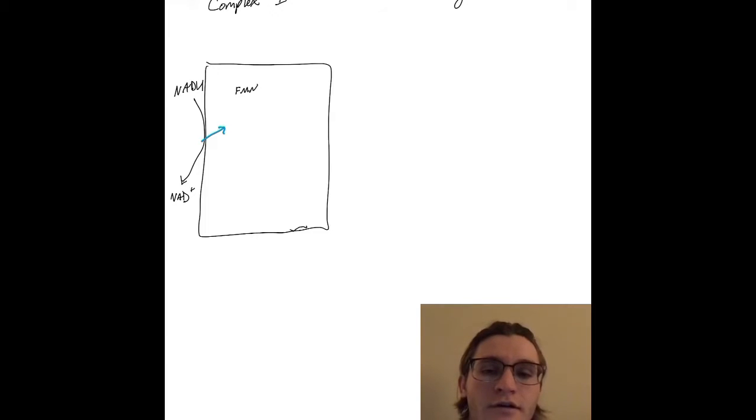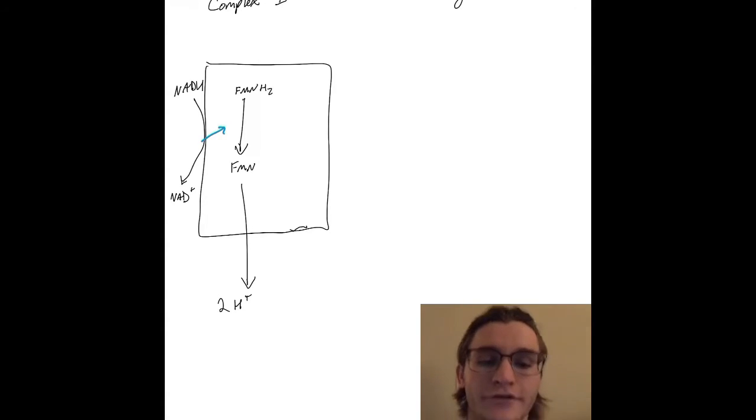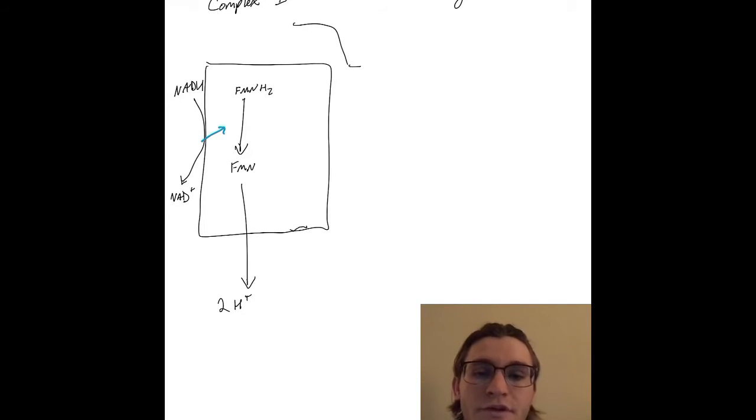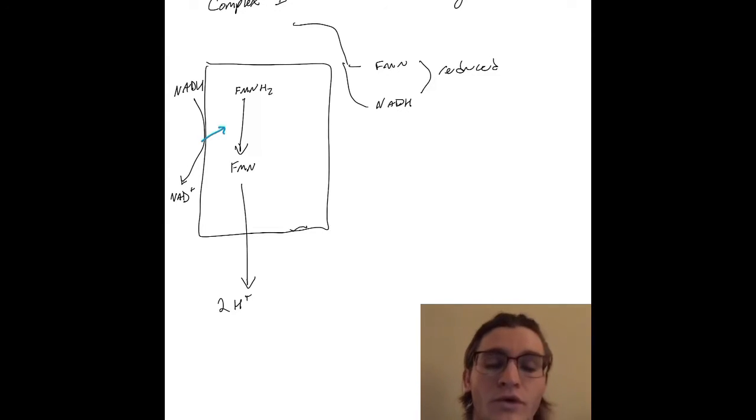These are flavin mononucleotides, but FMN is easier. It's going to get rid of 2 hydrogens, and that's going to be our first hydrogen pump, and those are going to go outside. So it's going to make the inner mitochondria more basic, and it's going to make the matrix more acidic. And so it's getting reduced, and electrons are also going to flow out.